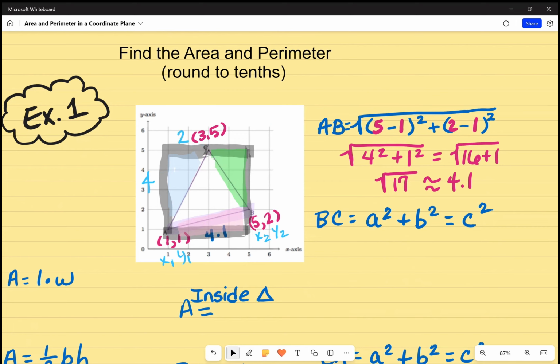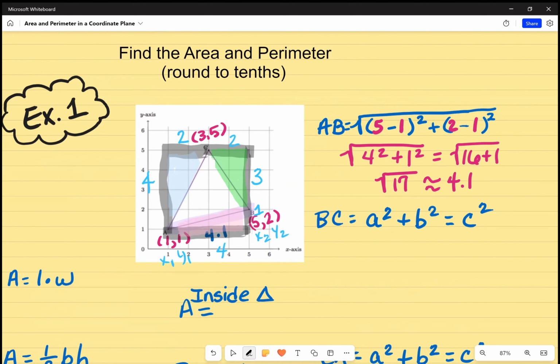And now I want to find the hypotenuse. Again, I could use the distance formula, but this is just another way to do it. I'm going to do the same all the way around. I'm just going to try to find the hypotenuse, which is the sides of the original triangle that was shown.